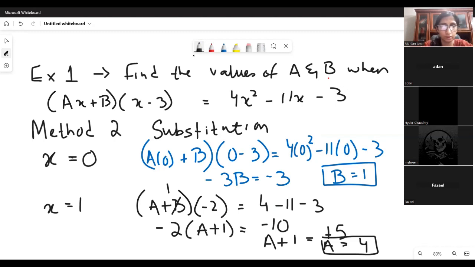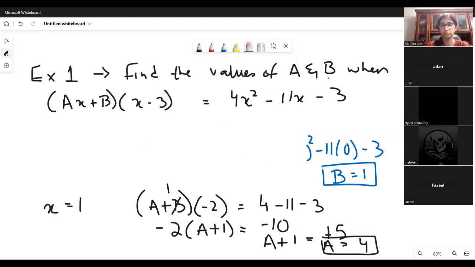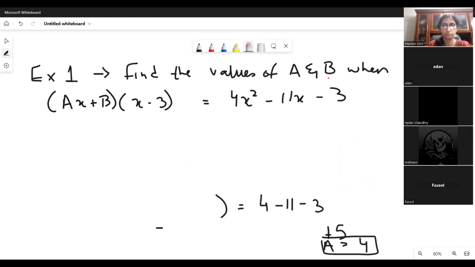Done. We need to clear the board for method 3, which is called long division.